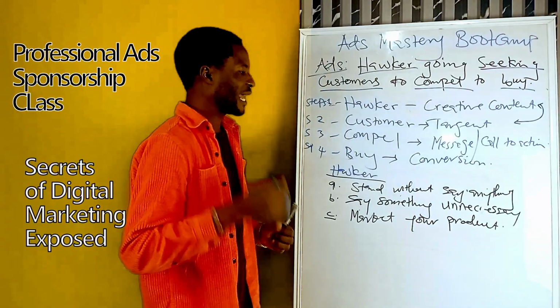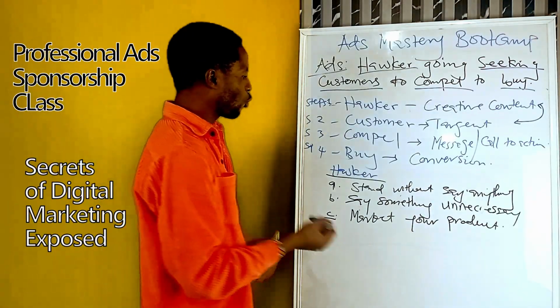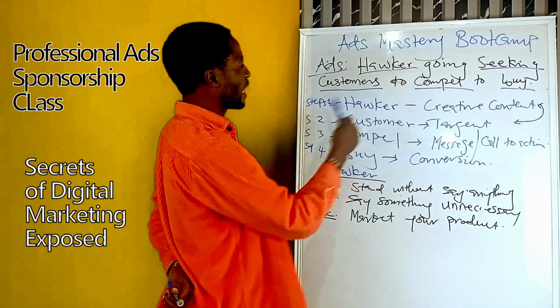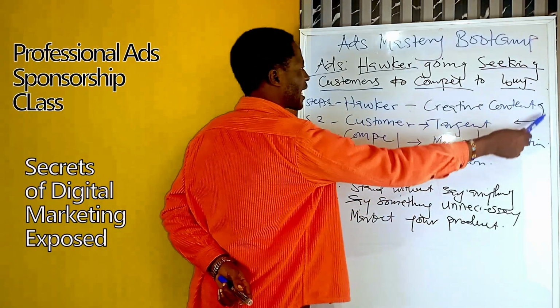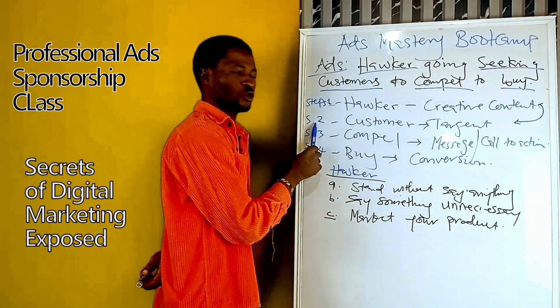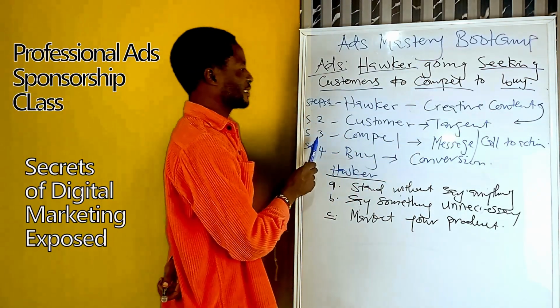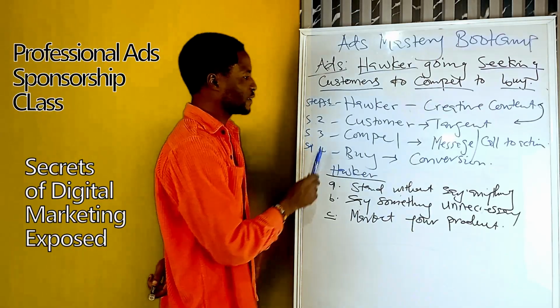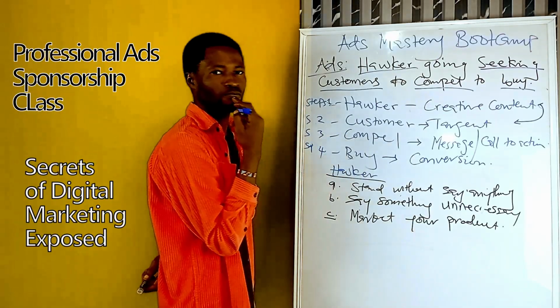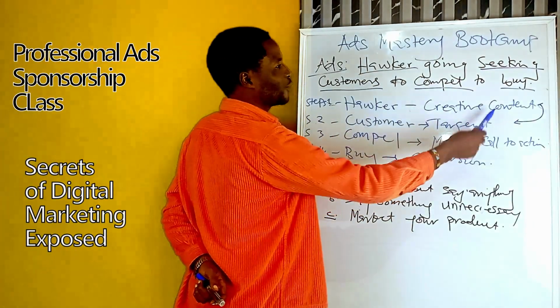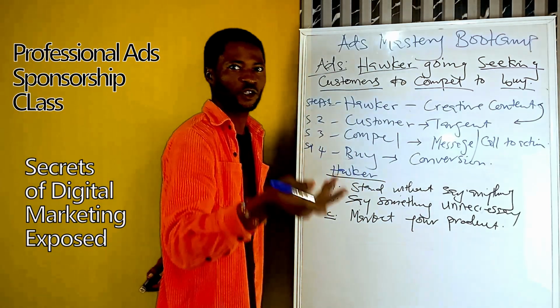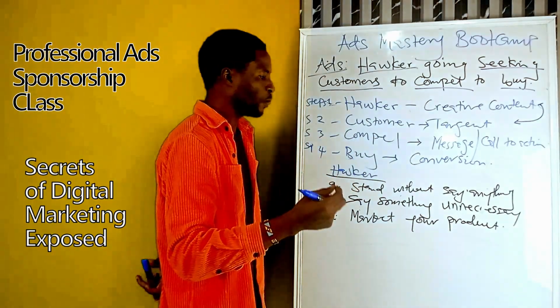Now, you realize that when you run ads, your ads just help you fulfill step one and two. Now, at step three, what is your hawker saying? And remember, your hawker is actually your creative content. Those videos you make, those pictures you make.